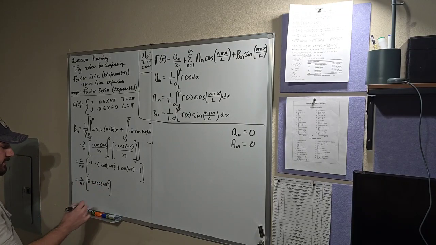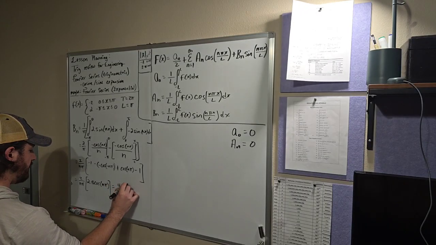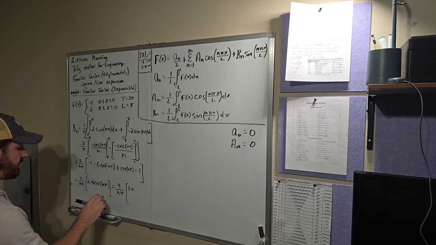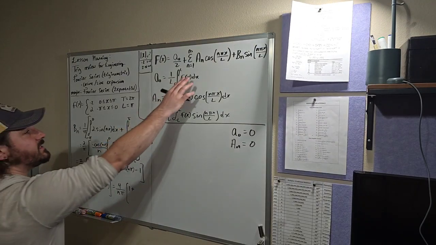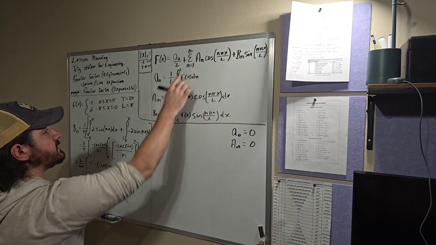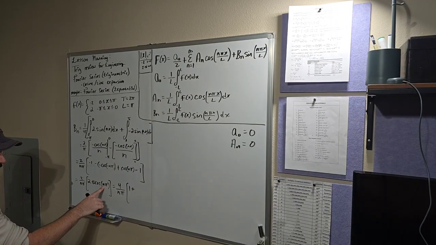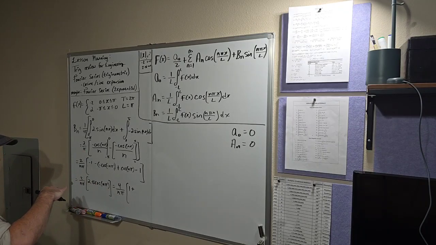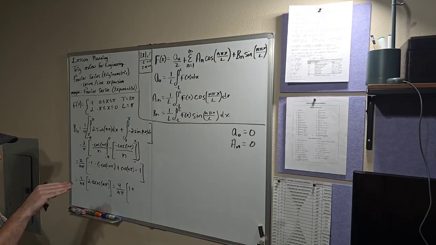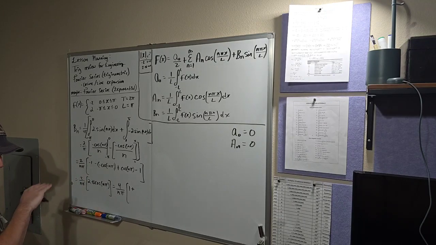We can factor out another 2. So now we have 4 over n pi times 1 plus. Now, this is where it's really interesting. There's a simplification here. So Fourier is a series where every n is an integer going to infinity. So every time n is an integer in this particular cosine, so we have cosine of pi, well, that's negative 1. We have cosine of 2 pi is positive 1, cosine of 3 pi is negative 1, positive 1, negative 1, so we have an alternating series.